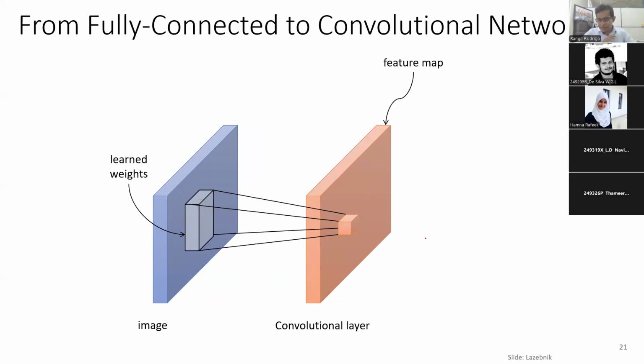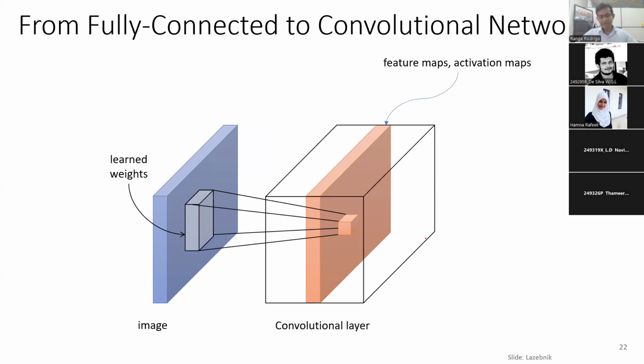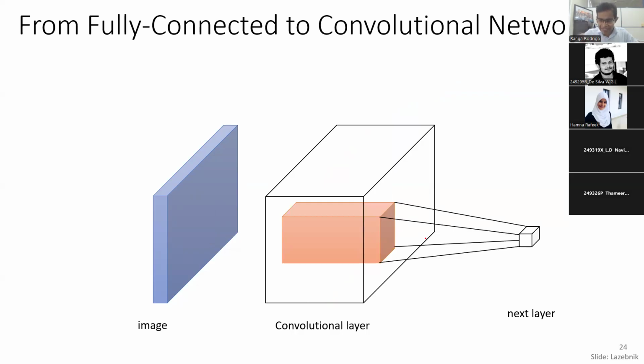Running one kernel or one convolution filter gives a feature map. You run multiple of them and get multiple feature maps or activation maps. So if you run 24 of them, you get 24 activation maps. We put them together. That's a feature map. So when you compute the next layer, for one of the values in the structure of the next layer, we take this as the full depth.